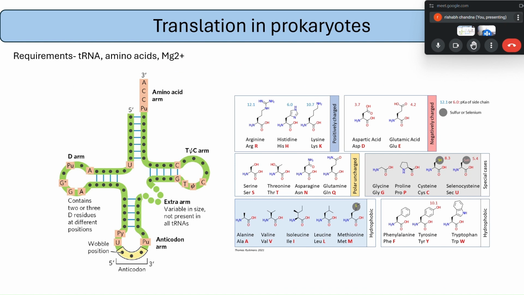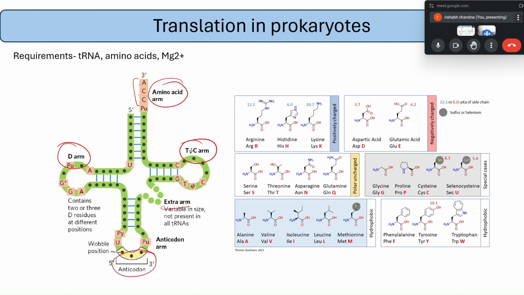Then we have tRNA. As we also discussed, we have the tRNA structure. This is the tertiary structure of the tRNA that has a clover leaf kind of structure. We have an amino acid binding arm that has a CCA trinucleotide at the end that is added post-transcriptionally. Then we have the T-psi-C arm, the DHU arm, and then the anticodon arm.